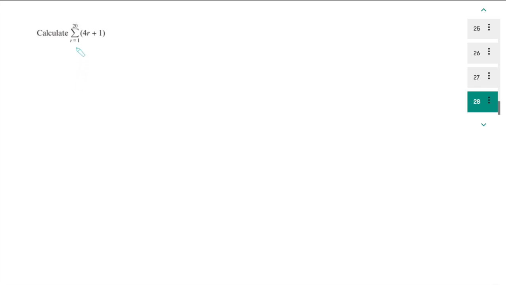So we've got to calculate sigma r equals 1 to 20 of 4r plus 1. I'll show you one way, and then I'll suggest you could do it a different way. So one way is just to start writing out what this is so we get a feel for it.